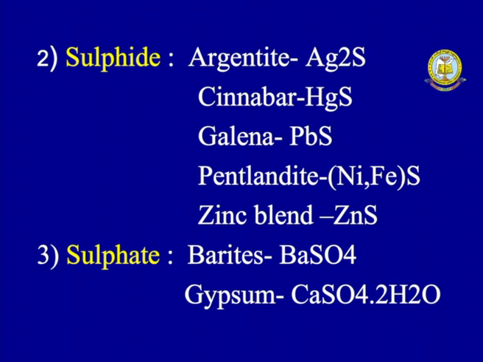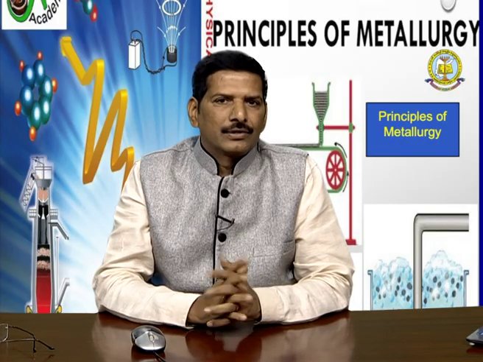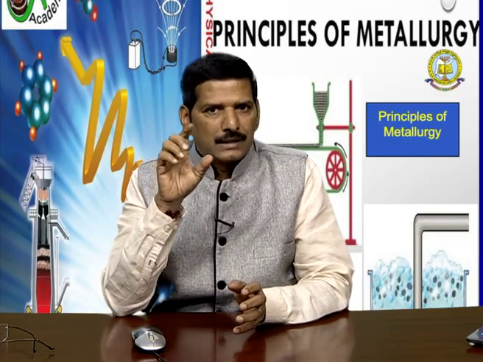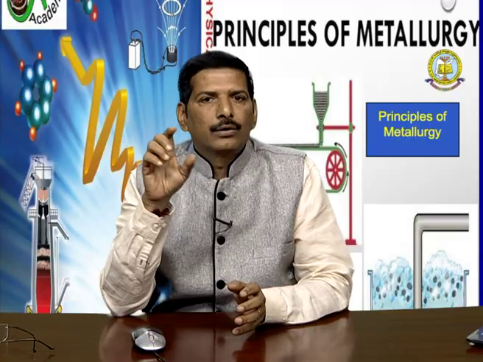And galena, PbS. Lead is available in this ore. And pentlandite, nickel iron sulfide, so here two metals are available: one is nickel and the second one is iron. And zinc blende, ZnS, zinc sulfide, so here the zinc metal is available. So these all belong to sulfide minerals or sulfide ores.